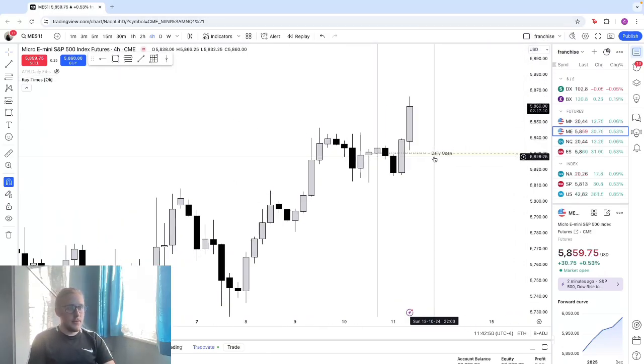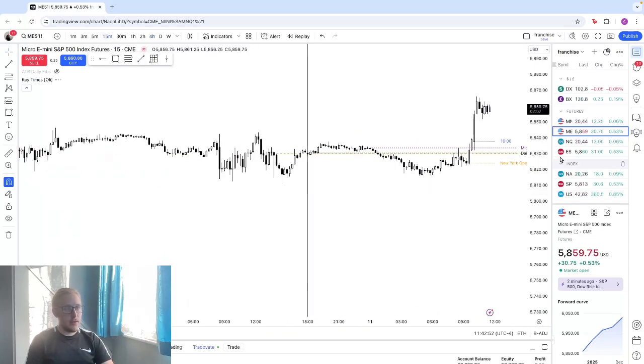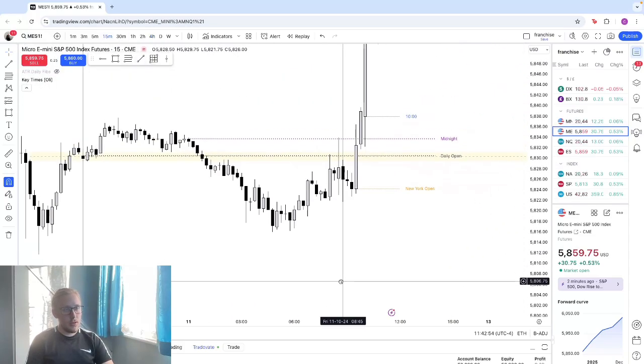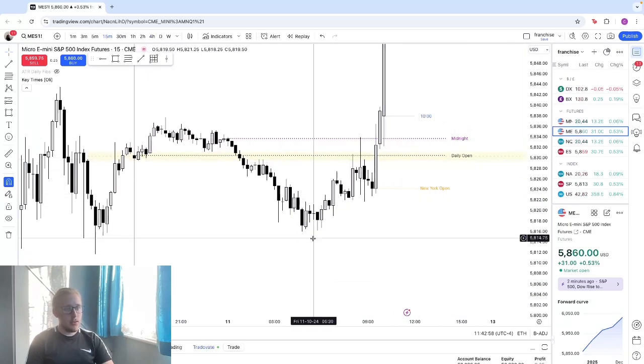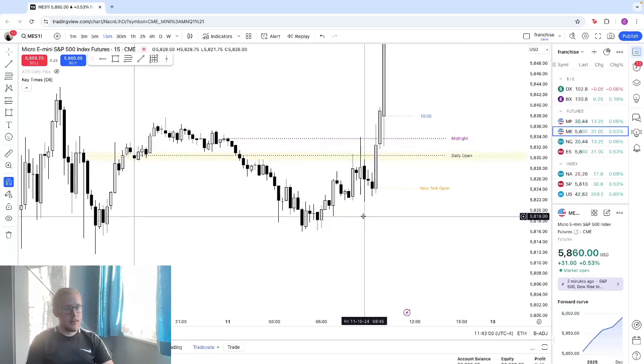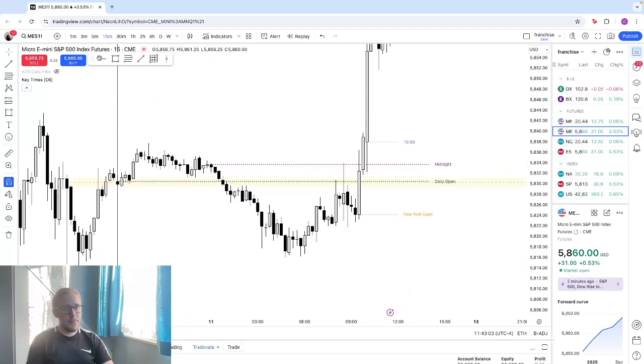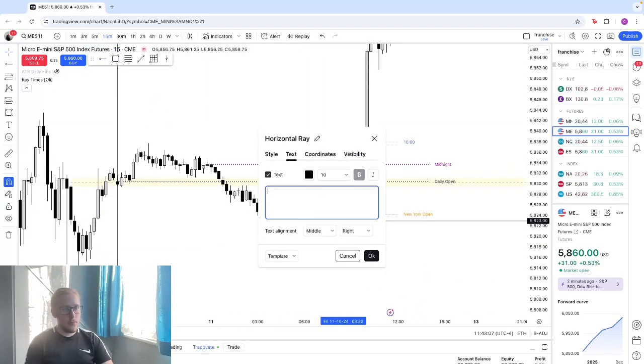We can then go on to the 15-minute and we can mark our data high, data low.